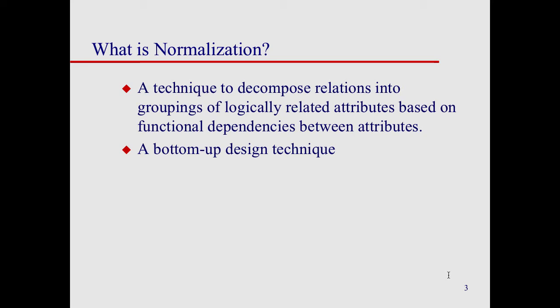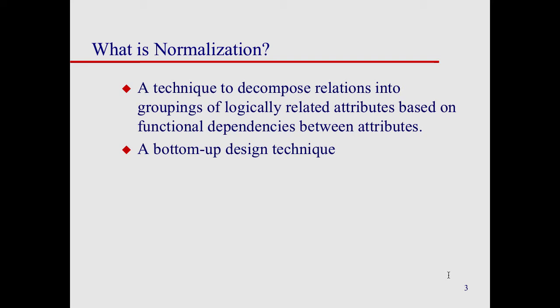And essentially what normalization is trying to get at is the same thing that entity relationship modeling is seeking to get at, which is that when you're done with normalization, typically each relation will represent a single entity. You won't have any relation representing two entities when you're done.